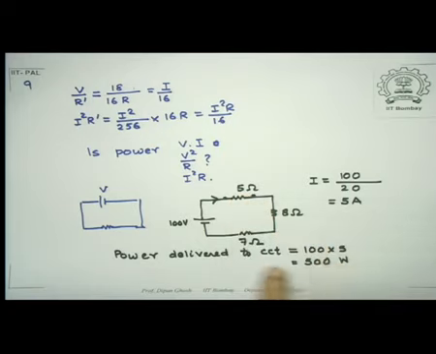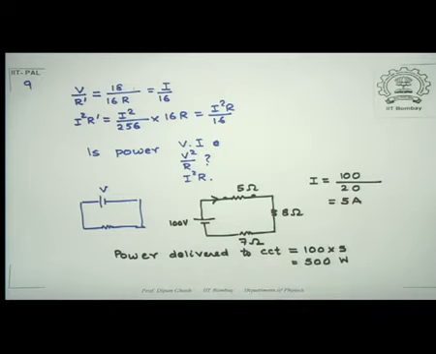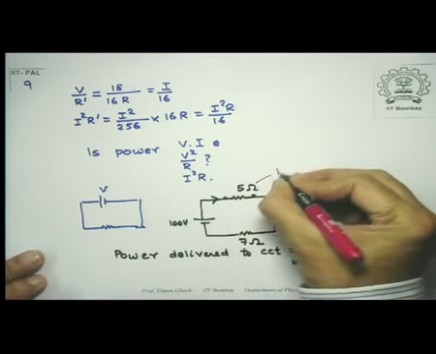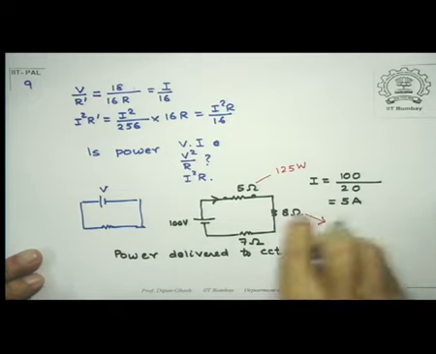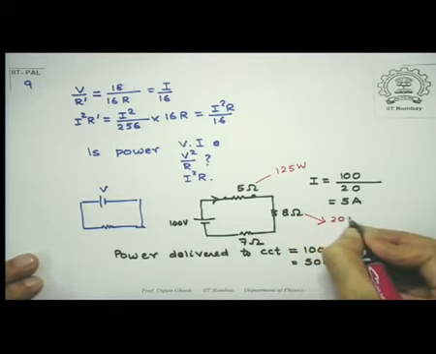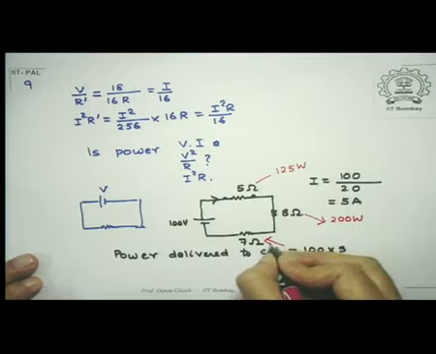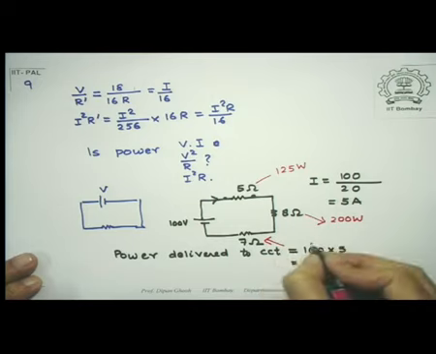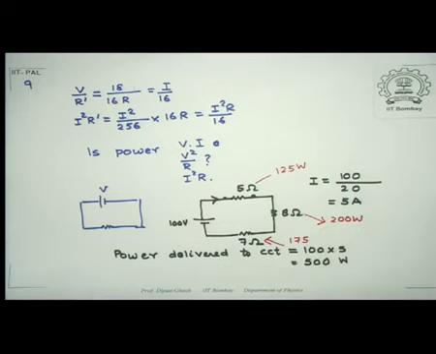The current is 5, so it is 5 square, which is 25 times 5. So this is giving out 125 watts. This one, 25 into 8, that's consuming 200 watts. This is 25 into 7, that's consuming 175 watts. If you do the arithmetic, you find this plus this plus this is 500, as expected.